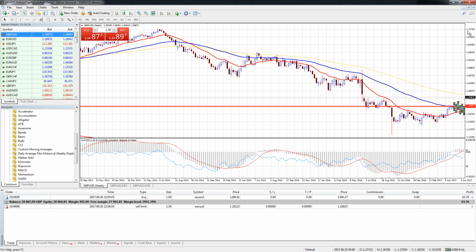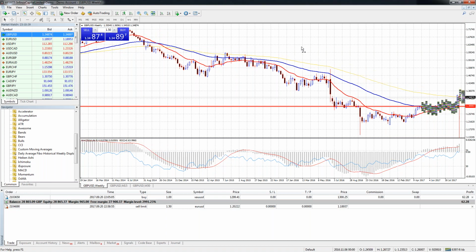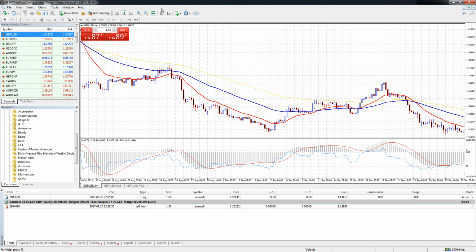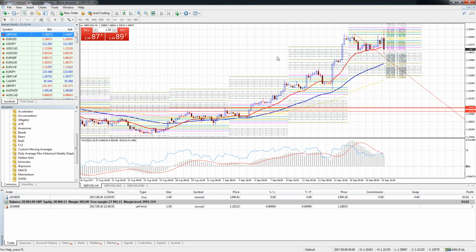So 1.7 to 1.6 is 1,000 pips. So you've got 1.61, 100, 1.62, 200, 1.63, and so on and so forth. Every big number is 1,000 pips, and that's the level I'm talking about. Every 100 pips it can be very meaningful, and I'll show some examples.